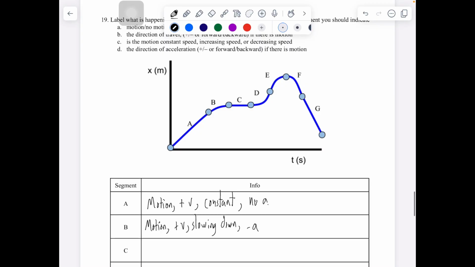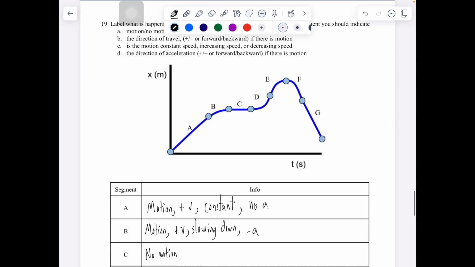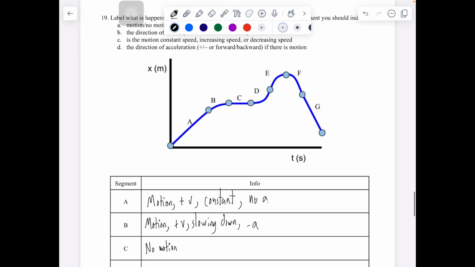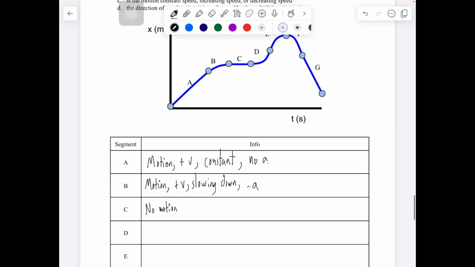Section C. There is no motion here. Well, there's no motion, so we don't have to do part B. C, we're not increasing speed, we're not decreasing speed, and we're not even at a constant speed, we're not moving. And D, again, we don't have to do that. There's just no motion at C. But for section D, here we are moving.